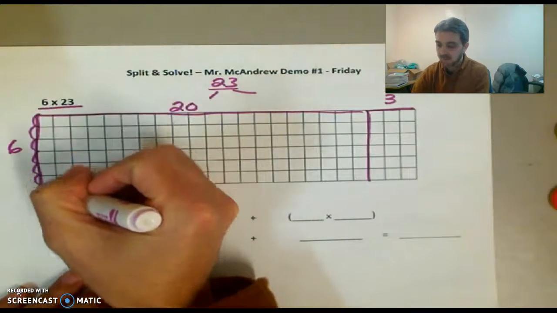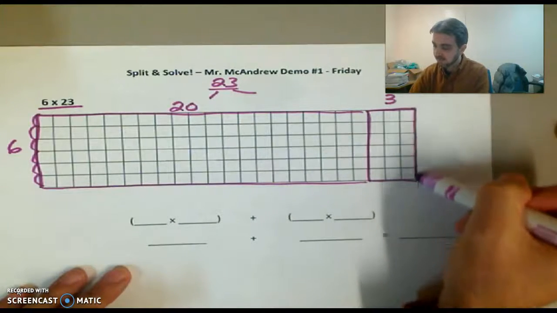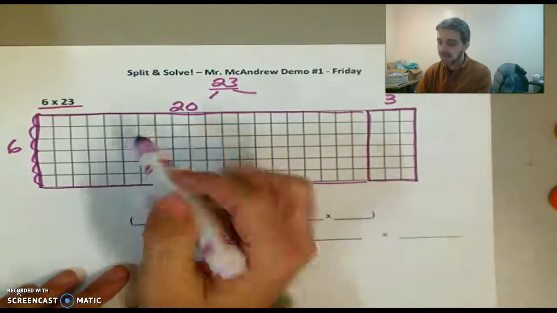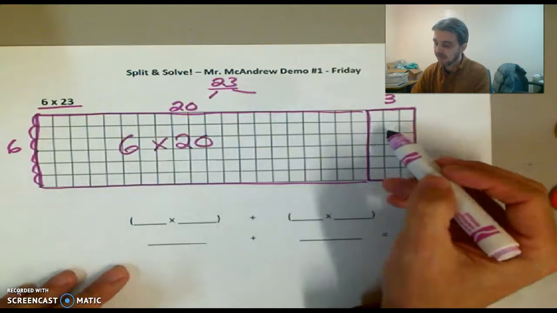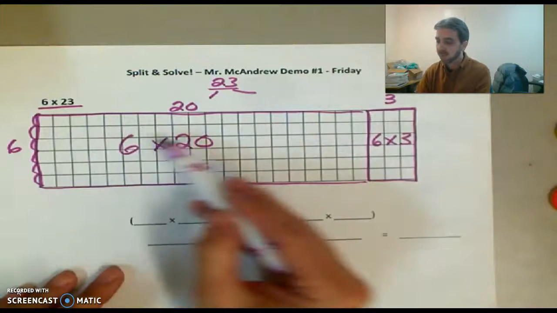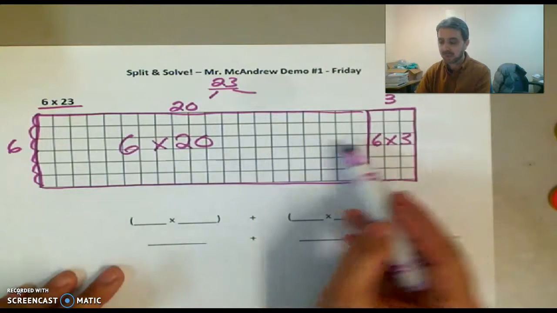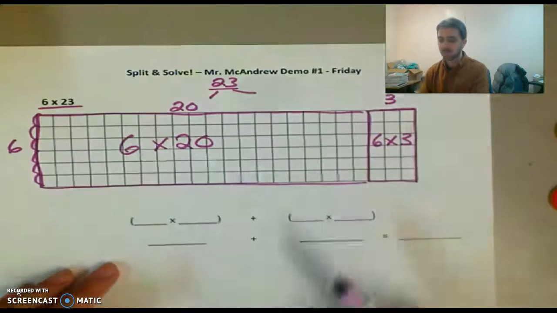So I break it up into 2 different rectangles. So here I have 6 rows of 20, and over here I have 6 rows of 3. So I have 1, 2, 3, 4, 5, 6 rows.